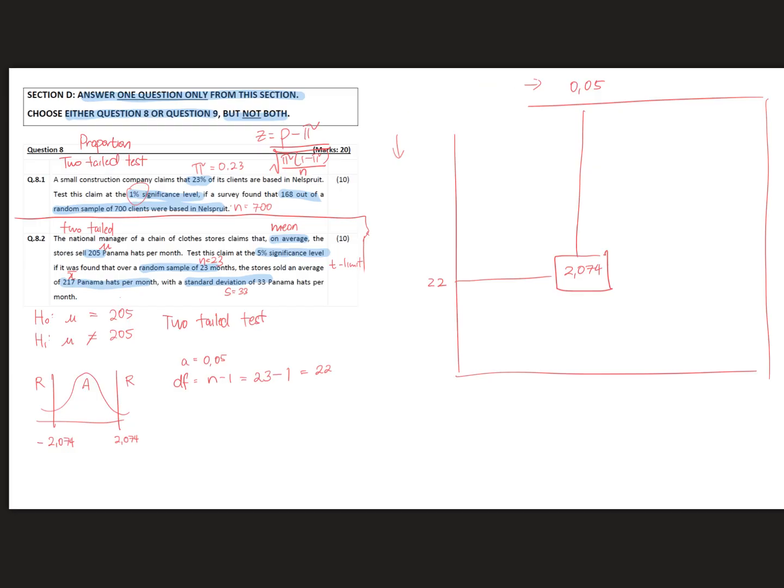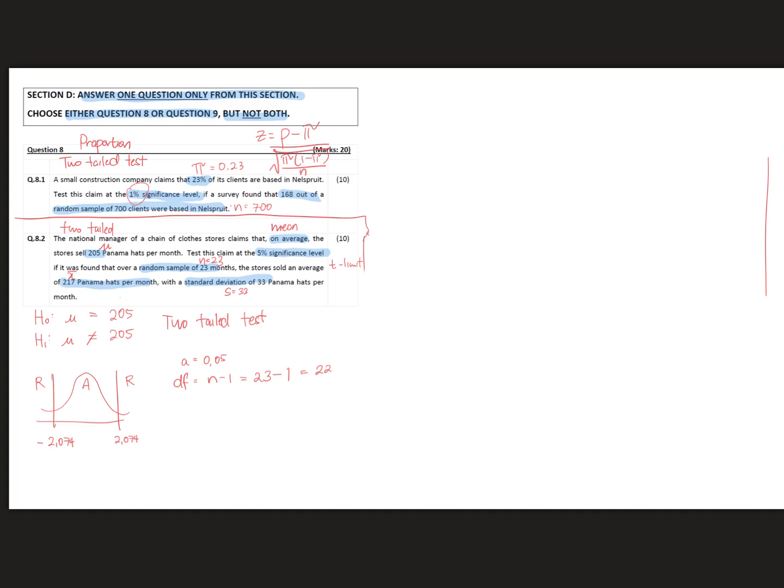And I'm just going to erase this table again. Now all we're going to do is write this out in words. To write it out in words, again, you only need to write down the rejection region. So you're going to say reject the null hypothesis if the Z, actually now we're working with a T value.